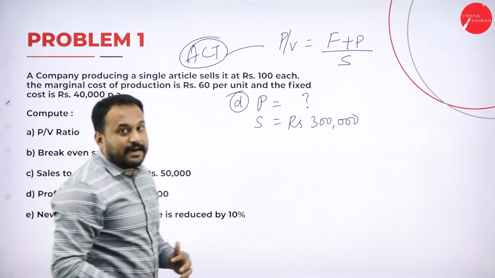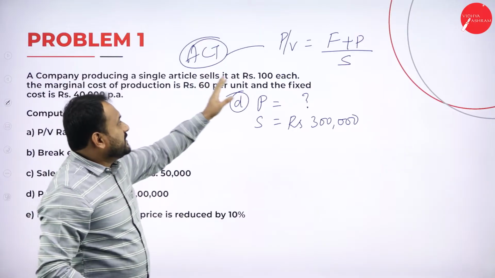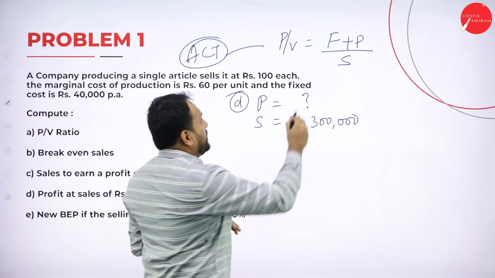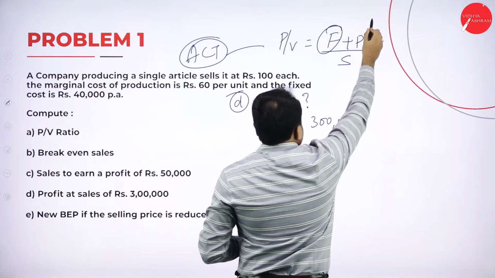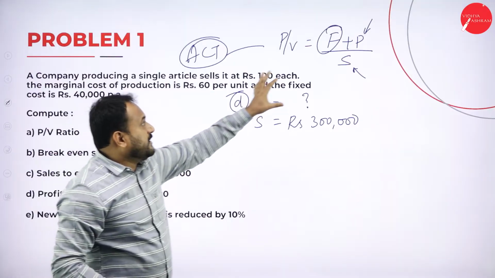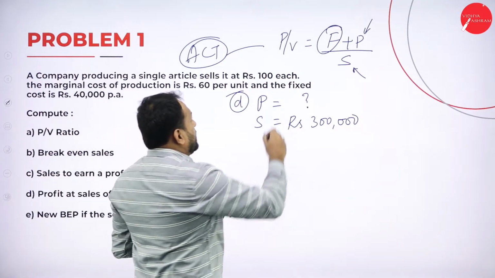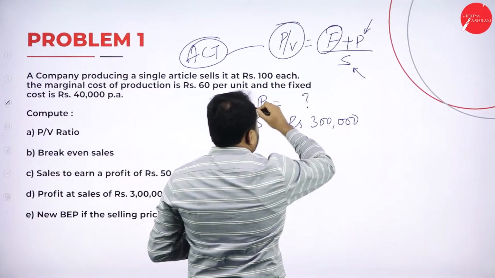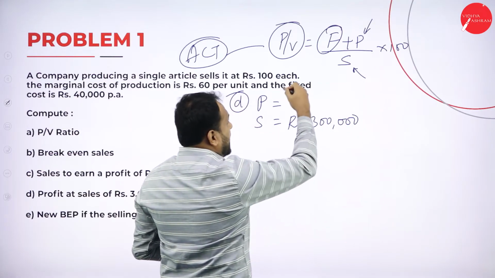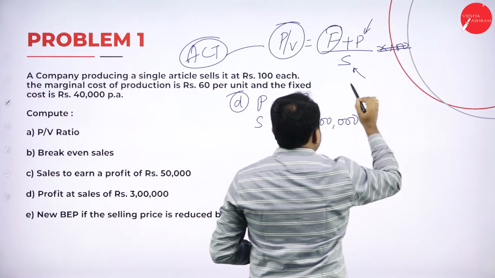See, whenever you have any problem, you use this formula, you can find anything and everything. You can even find fixed cost if you know profit and sales. With this one formula, I can estimate PV if I multiply it with 100. If I already have PV, I'll not go with 100.